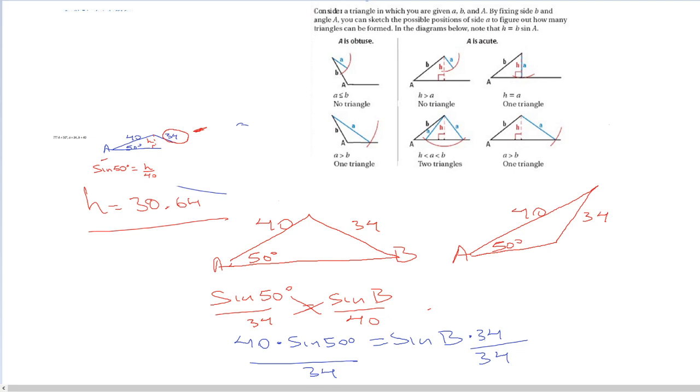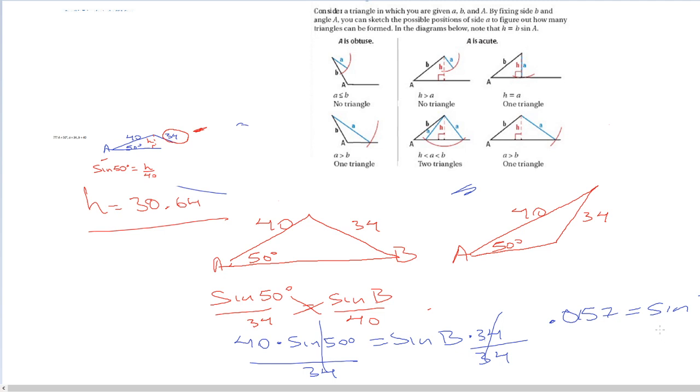All right, just bear with me, guys. My clicker is not working. All right, here we go. So this over here became 0.9017. So 0.9017 equals sine of angle B. Well, how do we get angle B by itself?